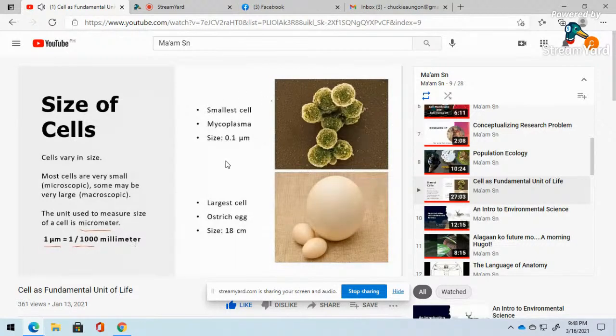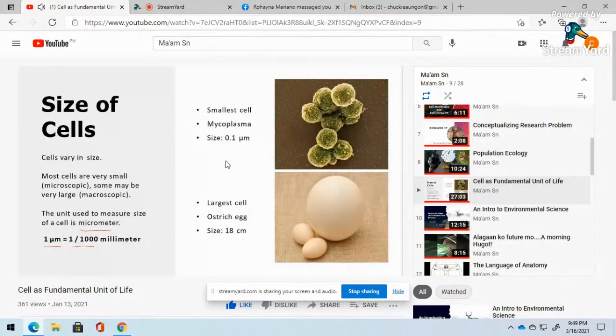The smallest cell is the mycoplasma, which is about 0.1 micrometer in size. Mycoplasma is a genus of bacteria that lack a cell wall around their cell membranes. And we have also the largest cell, which is in the form of an ostrich egg.